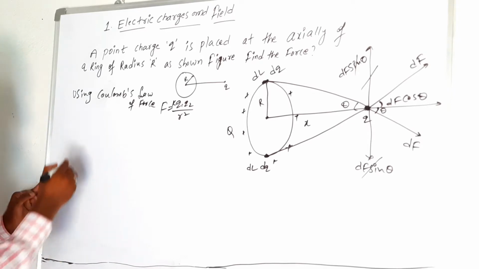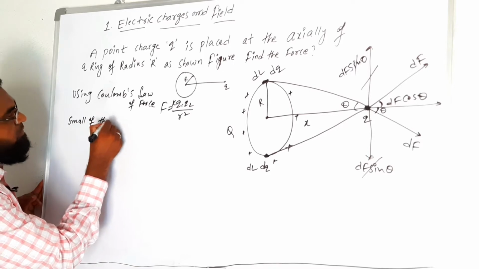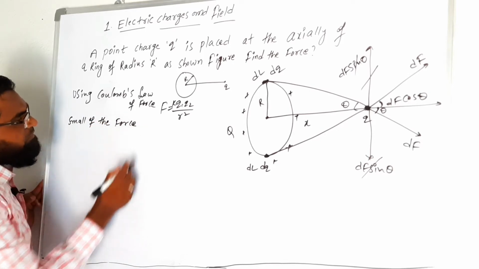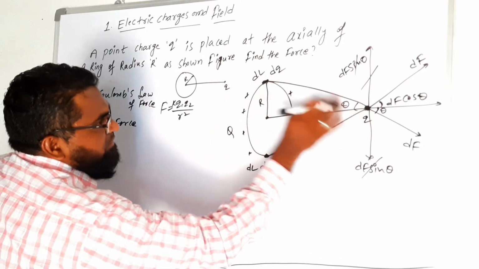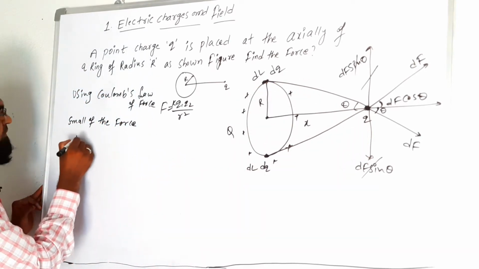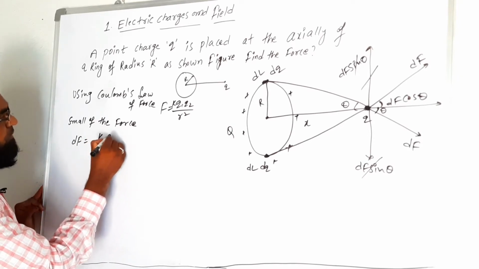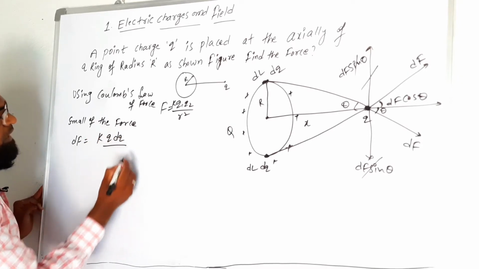Similarly, the small force between the two charges, dq and q, is dF equals k q dq by r square.